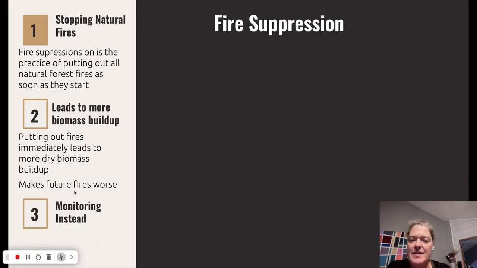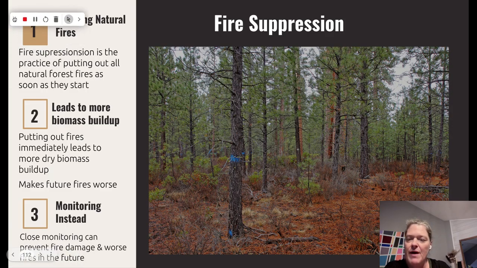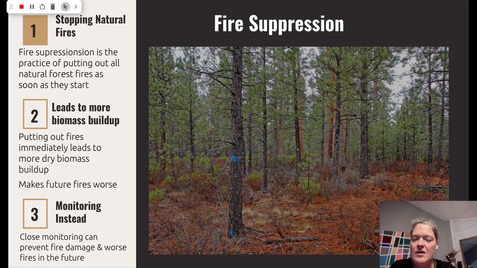So what should happen instead of just straight out fire suppression? Because just using fire suppression and not doing it in a well controlled way is not beneficial for the forest. What should happen instead is we should be monitoring the forest. Close monitoring can help prevent fire damage and prevent worse fires in the future.